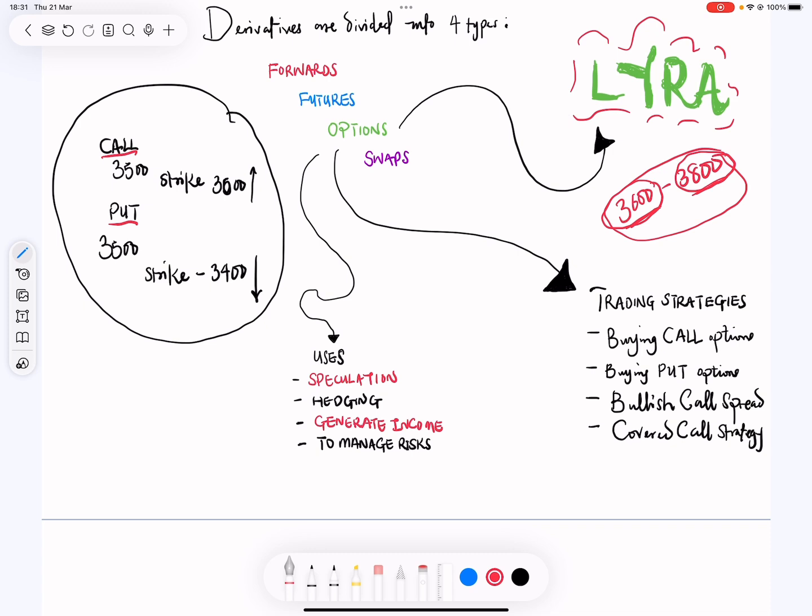That's basically the game. You can choose your strike price for selling a call option. You can choose to sell a call option at 3,800 instead of 3,600. It all depends on you, but that's basically all the trading strategies involved.